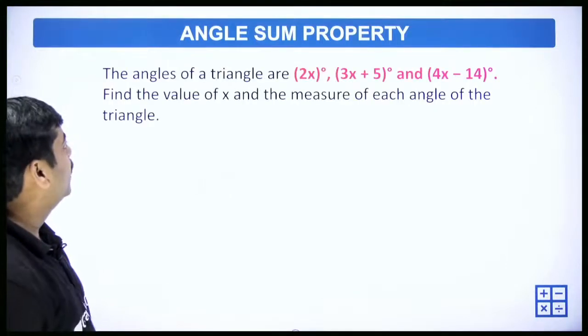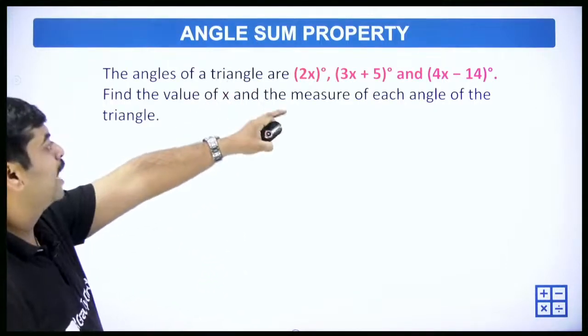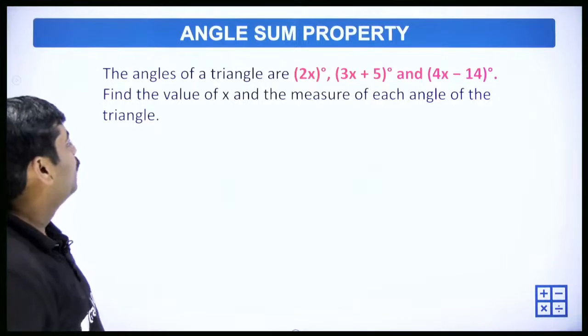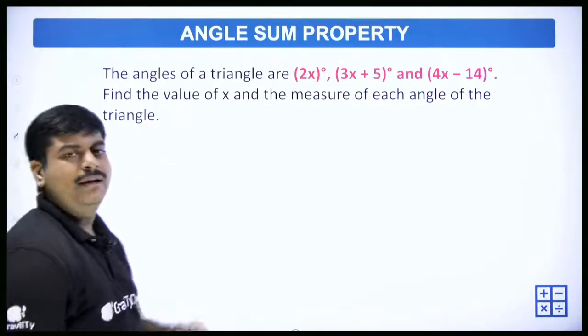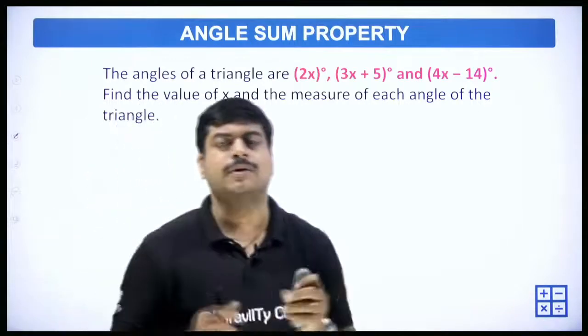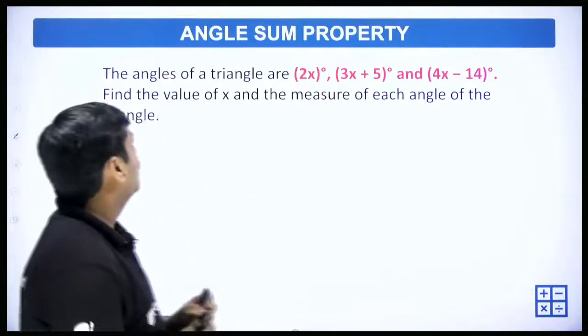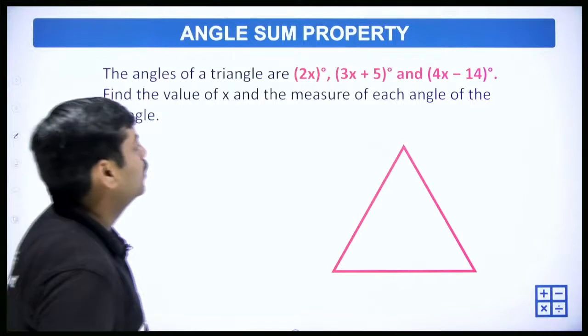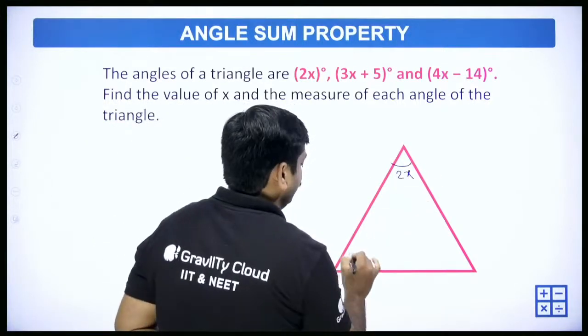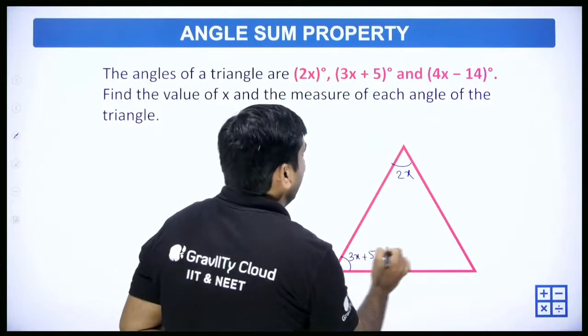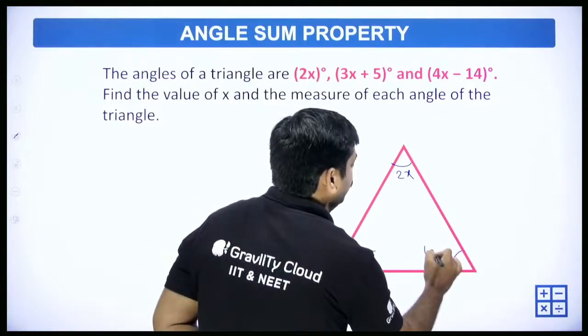The values of the angles of a triangle are 2x, 3x plus 5 and 4x minus 14. Find the value of x and the measure of each angle of the triangle. A simple, very beautiful question. The angles of the triangle are 2x, 3x plus 5, and 4x minus 14.